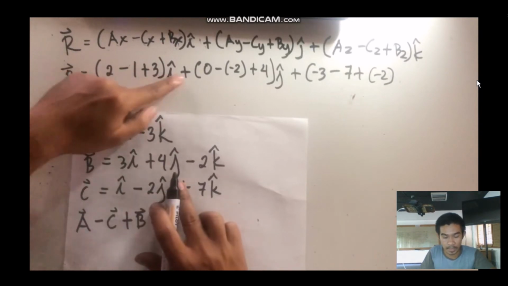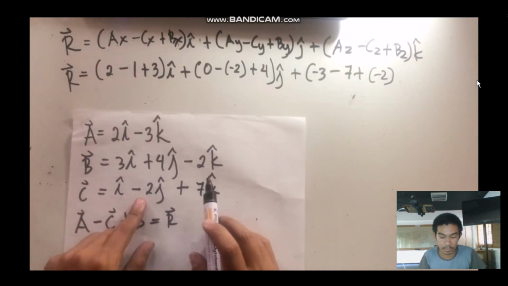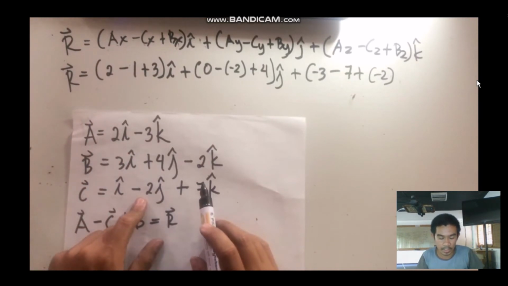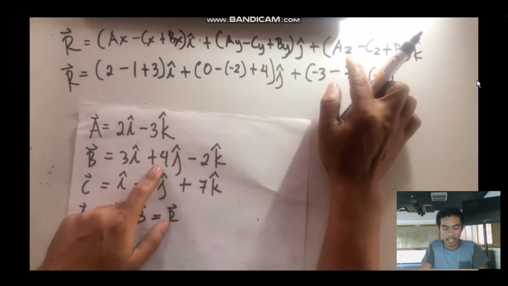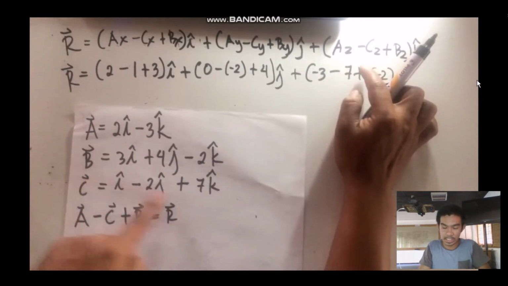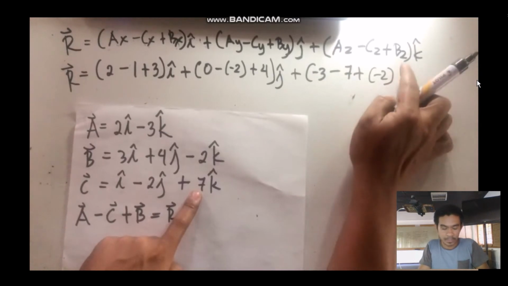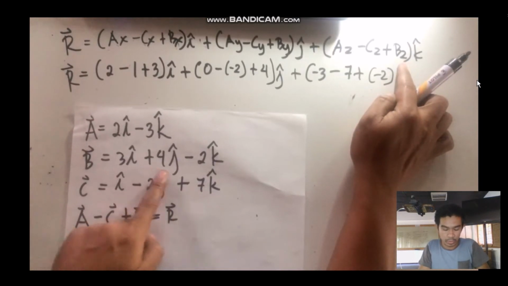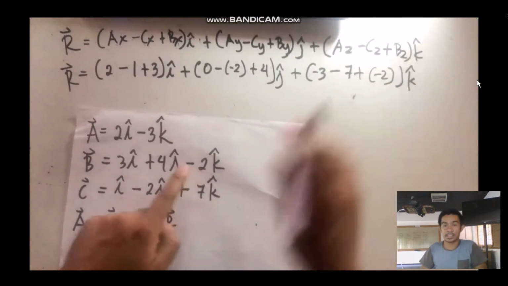Plus A of y is 0 minus C of y, it's minus negative 2 plus B of y, which is 4. Plus A of z is negative 3 minus C of z, which is 7, so minus 7, plus B of z is negative 2. Okay, need to put k hat.